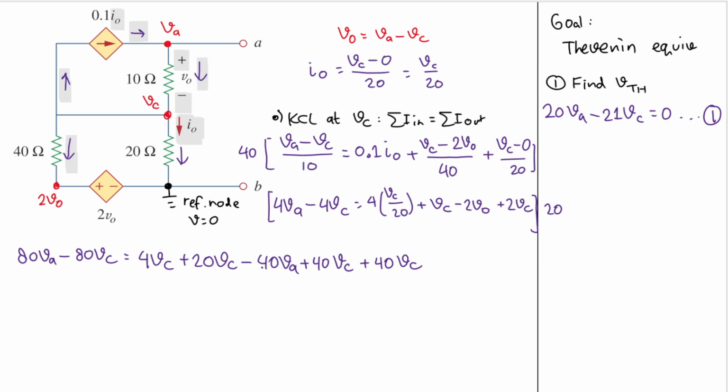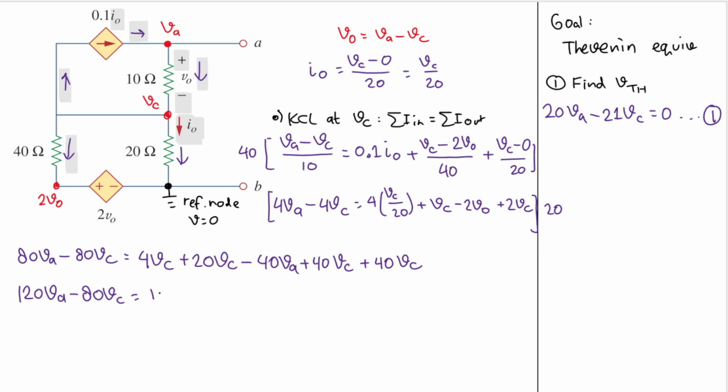Now let's do, what can we do from here? Okay, VA, I think we can get it from here. So I'll have 120VA. Then I will have minus 80VC. And I want to calculate all that VC here. So 40 plus 40 is 80. 80 plus 20 is 100. 100 plus 4 is 104.